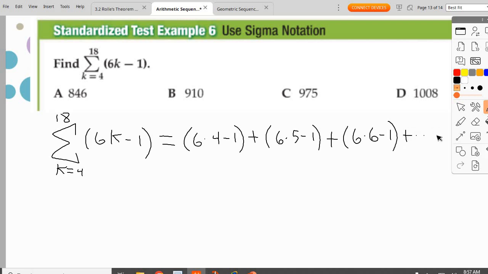It's going to be a lot of numbers, between 4 and 18. So let's look. What is 6 times 4? 24. Minus 1, 23. Cool. 6 times 5 is 30. Minus 1 is 29. Okay. 6 times 6, 36. Minus 1 is 35.